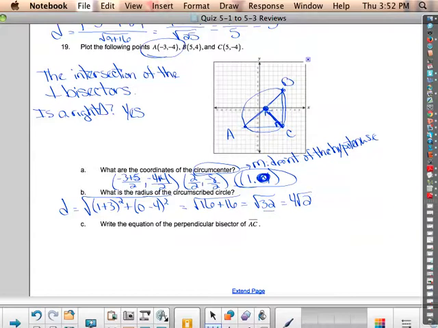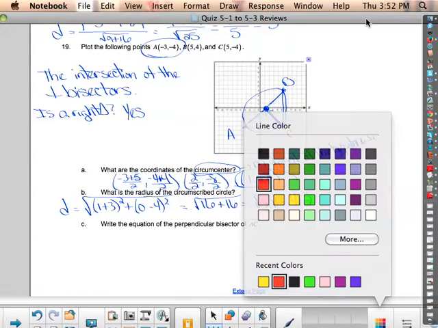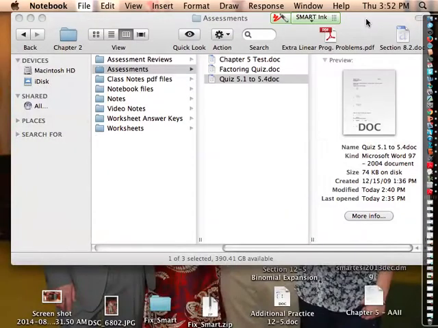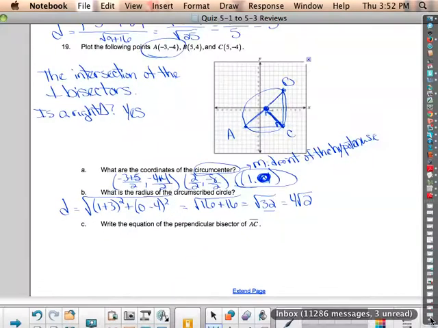Now you are asked for the equation of the perpendicular bisector of AC. So AC is here. Because it's a vertical line, it's pretty easy to find the midpoint of AC.